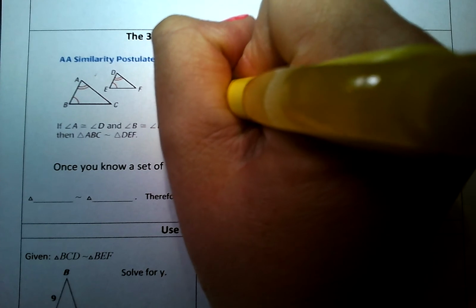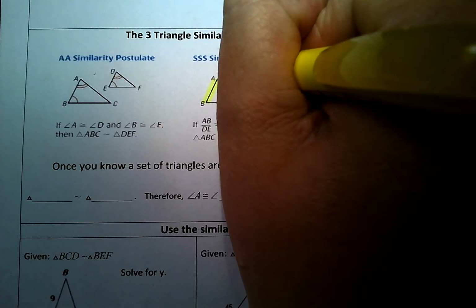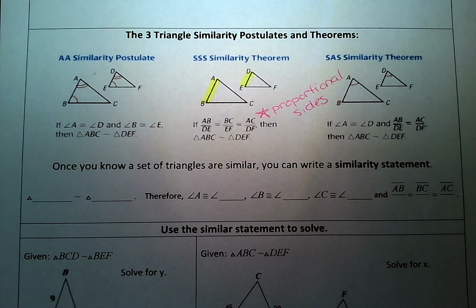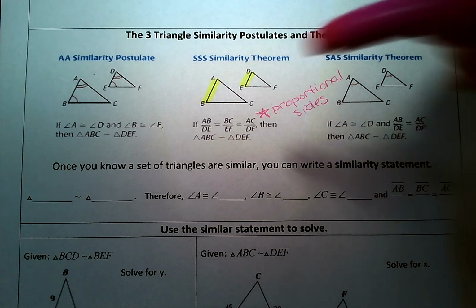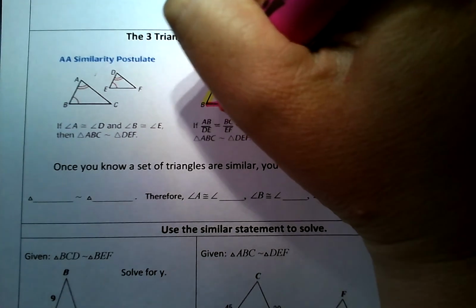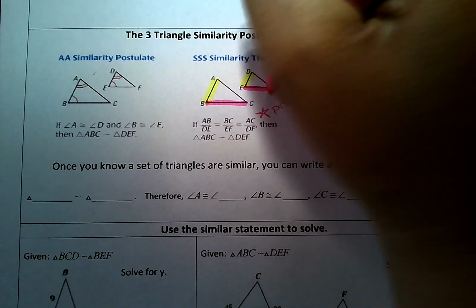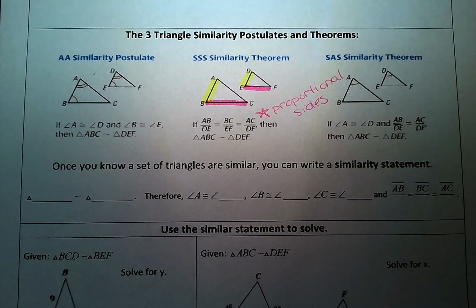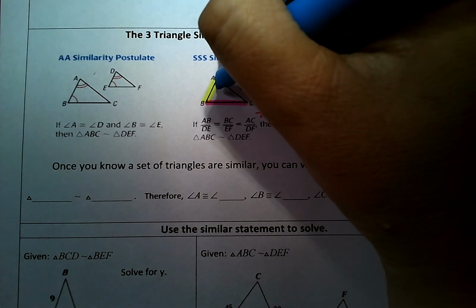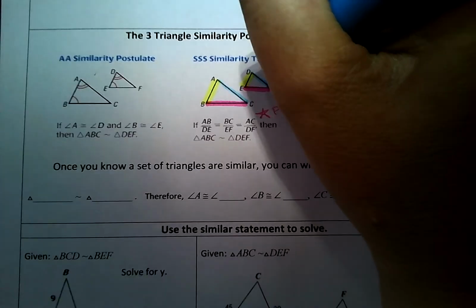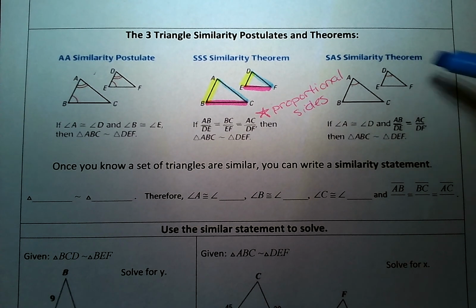Here we've got side AB is proportional to side DE. They're obviously not congruent. And then side BC is in the same ratio as EF, and side AC is in the same ratio as DF. Same idea over here, but look at where the side measures are.